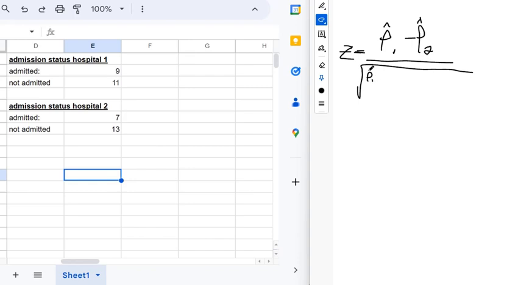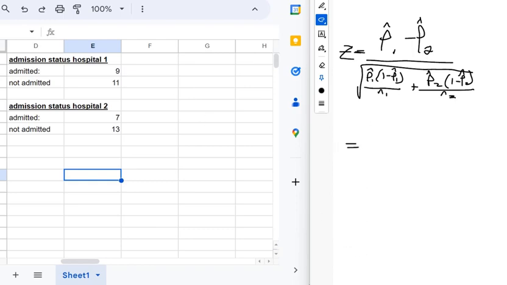So that's going to be p hat 1, or if you have p1, you'd want to put that there. 1 minus p hat 1 over n sub 1, so the sample size for the first group, plus p hat 2 times 1 minus p hat 2 over n sub 2.